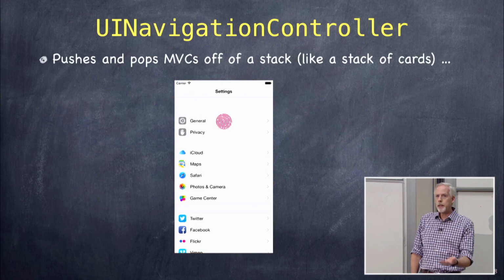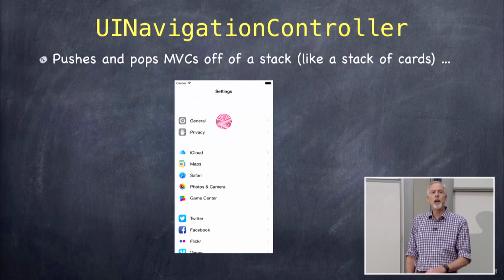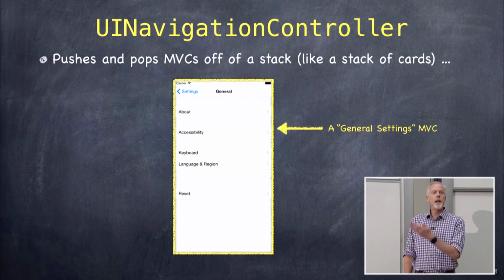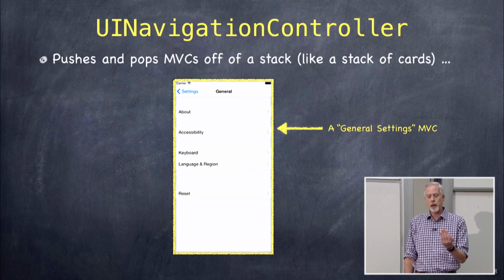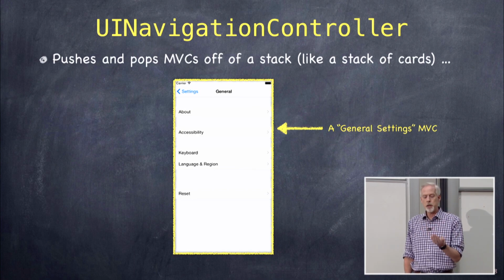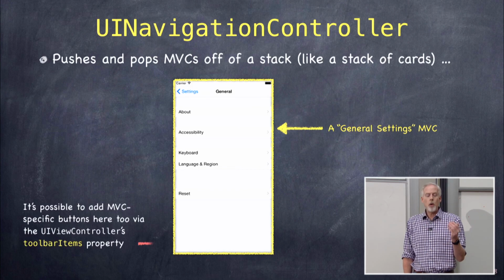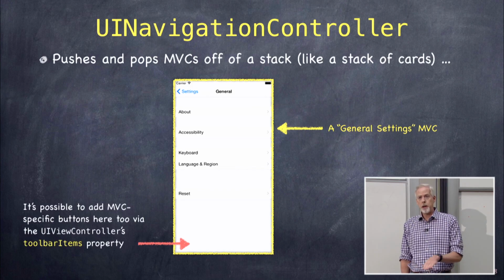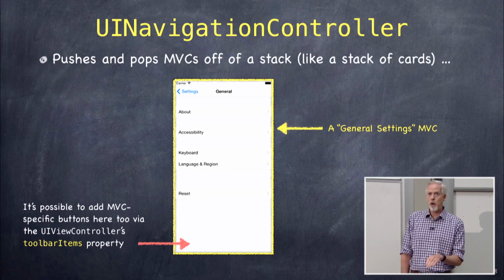So if I then click on something, this is a table view here. We'll talk about table views next week or the week after. If I click on something here, then a new MVC slides in, animates in on top. Now there's two cards on this stack. The All Settings one, which is now behind, we can't see it, and this new one that's on top. By the way, you can also have toolbar items at the bottom using the toolbarItems of a view controller.